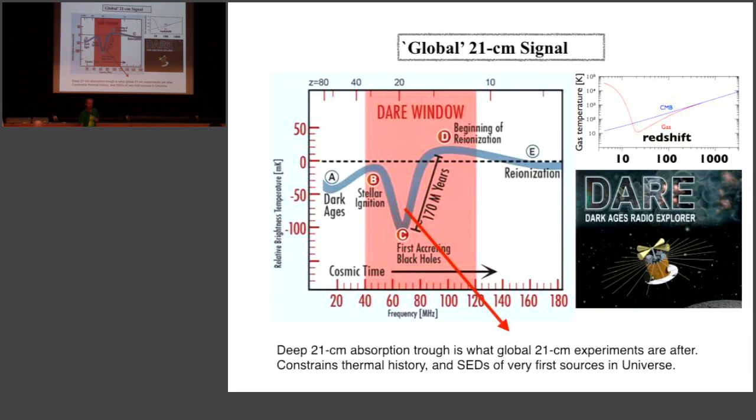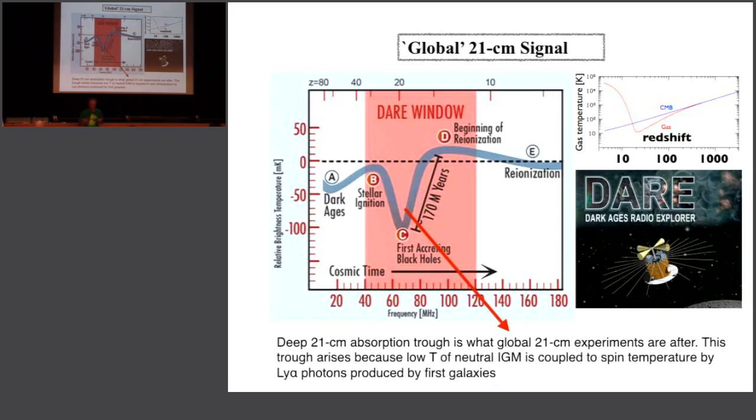But the depth of this signal is very closely connected to the Lyman-alpha emitted by these very first galaxies and how these photons propagate through the universe, right? And the one thing I want to talk about today, though not much, is that there are still a lot of open questions there that are quite relevant for these kinds of predictions.